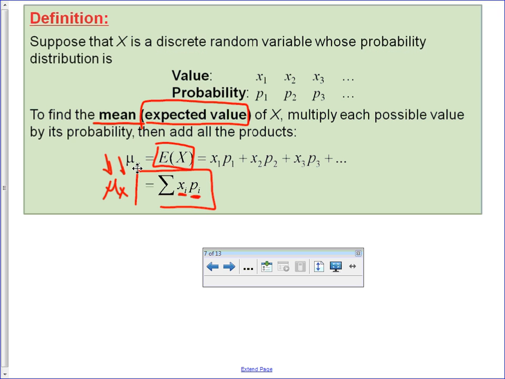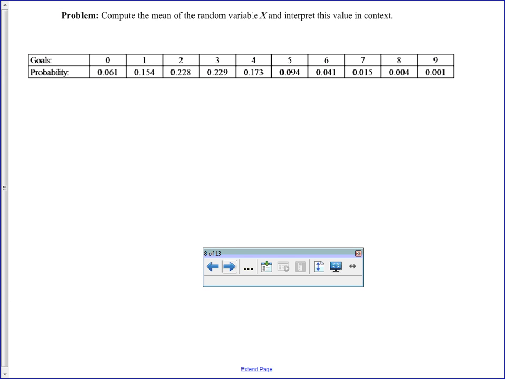So the expected value is, if we ran an infinite number of things, that would be the average per event. I will demonstrate how this unpacks and what we mean by this right now.